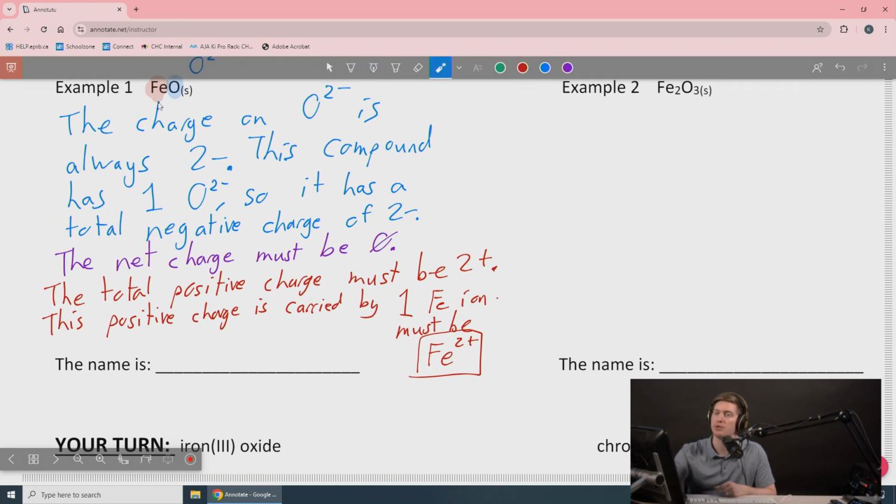So the ionic compound formula FeO with no subscripts is iron 2 oxide. It's important to remember that this Roman numeral tells you the charge on the iron, not how many irons are in the compound. There's only 1 iron and 1 oxide in this compound, but the iron has a 2+ charge, so we say it's iron 2 oxide.